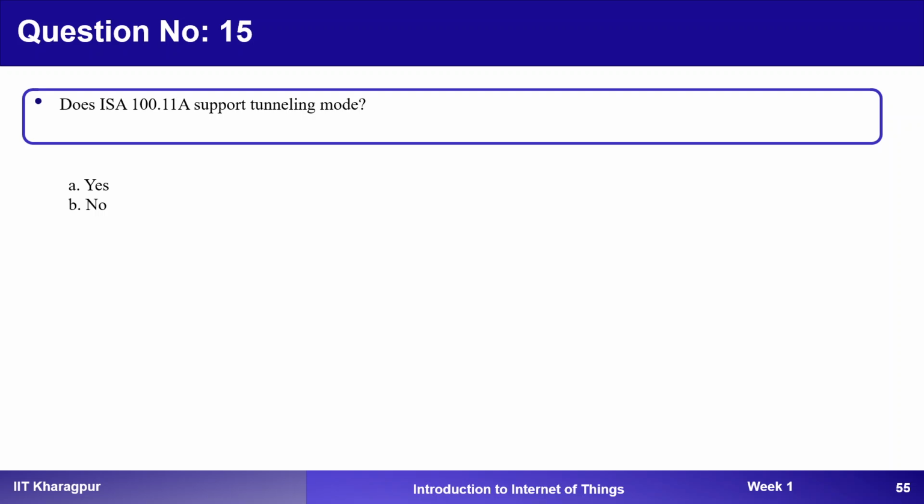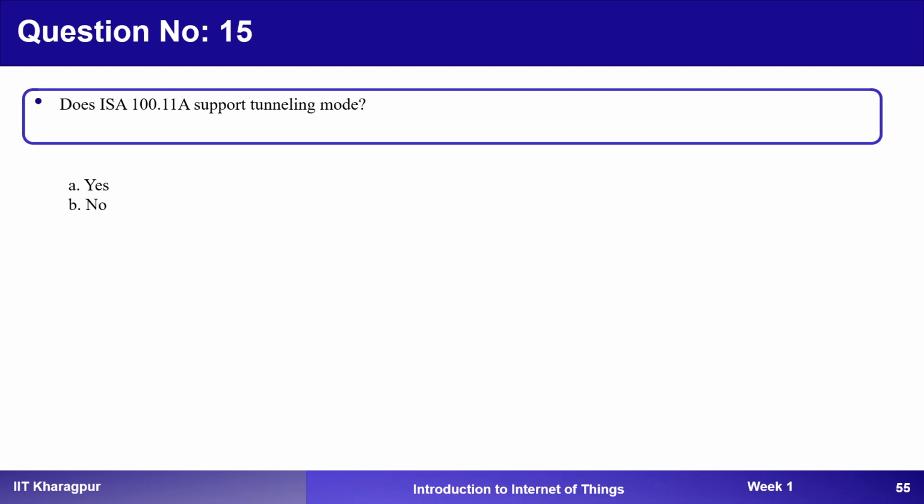Next question is, does ISA 100.11a support tunneling mode? Yes or no? Anyone? Okay, can anyone tell me what is ISA 100.11a?